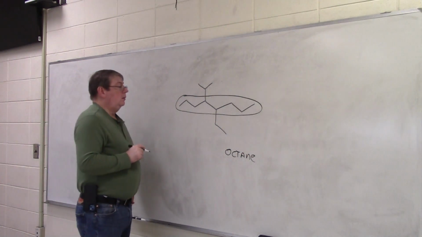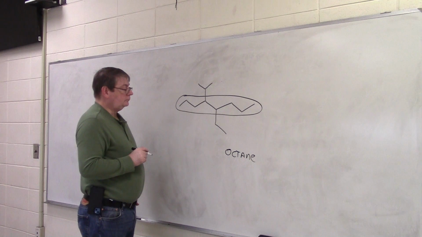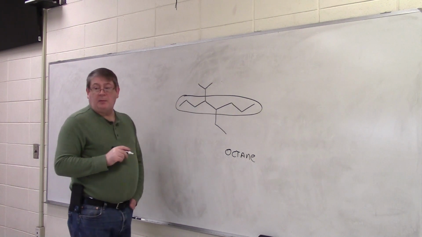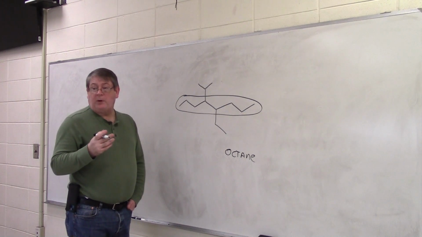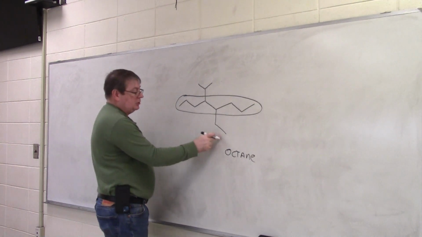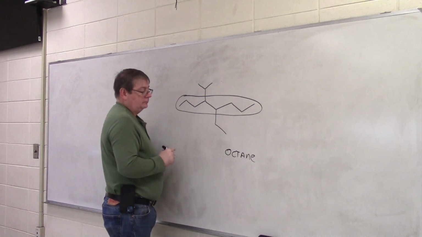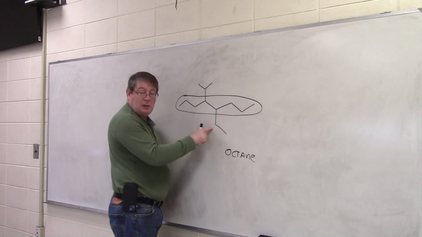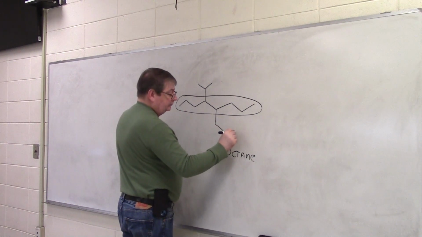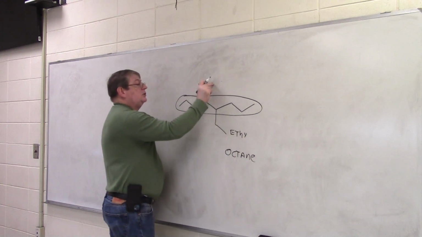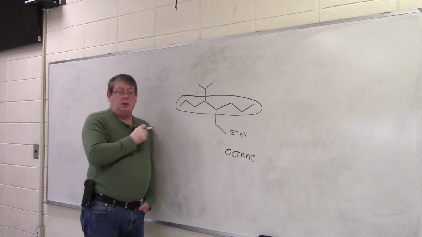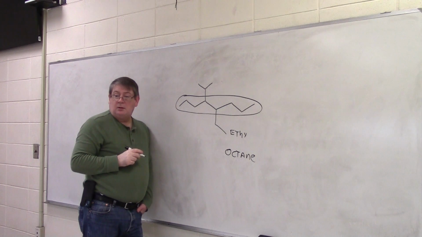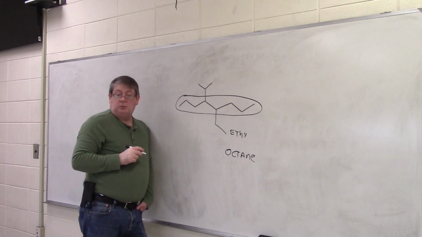Now we've got to figure out how to number it, but before we do that, let's name the substituents. What's this substituent? CH2CH3. Ethyl. And this is 3 carbons, so it's a propyl, but it's at the 2 position, so we call this isopropyl.